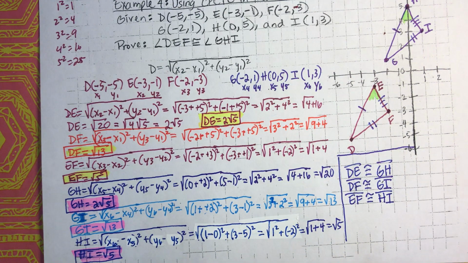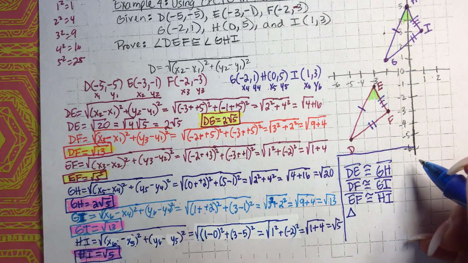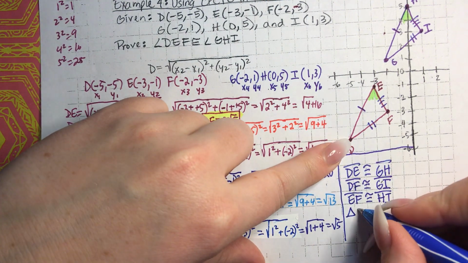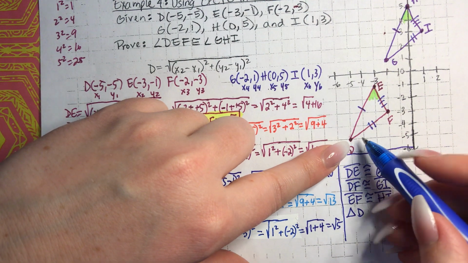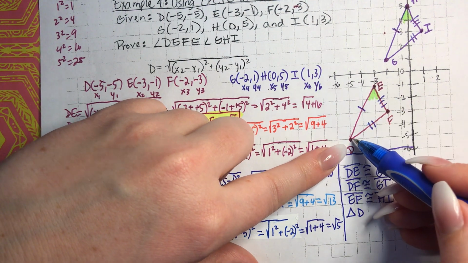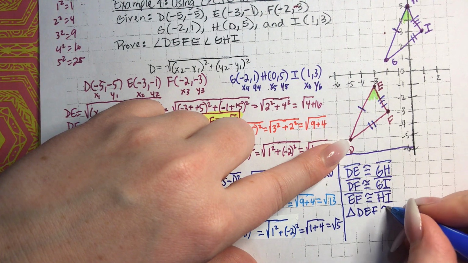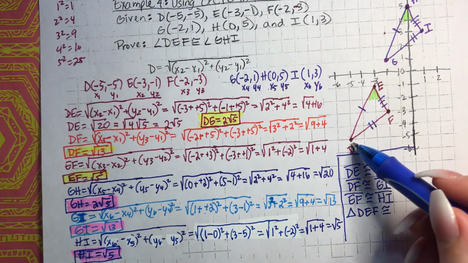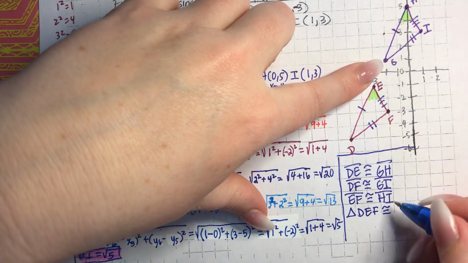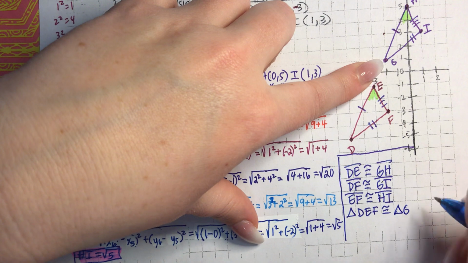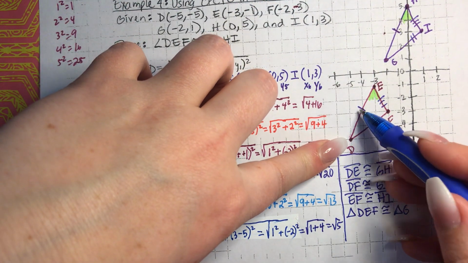And then because of that, we can say that triangle, I'll start with D, okay? So it's between a 1 and a 2, and I'm going to go in the direction of 1, why not? So DEF is congruent to, okay, I got to find the angle that is between the 1 and the 2. The 1 and the 2 is here, so that's G. And I went in the direction DE, so I went in the direction of the side that has a 1 hash mark.